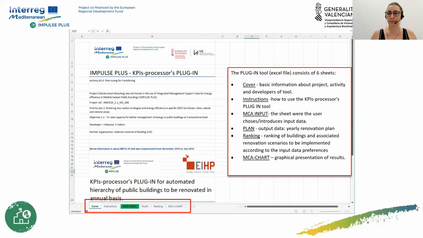In the energy planning tool, you will find 6 sheets. The first one is the cover, where you can find the basic information about the project, the activity and the developers of the tool.